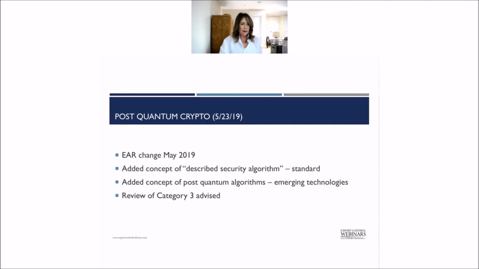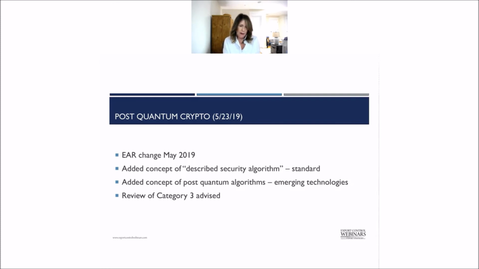That's not a good thing from the US perspective and from the other countries' perspective. The rule came into place in May of 2019 as a final rule because it was part of Wassenaar, and it was also an emerging technologies matter, but we don't need to go into detail about that.